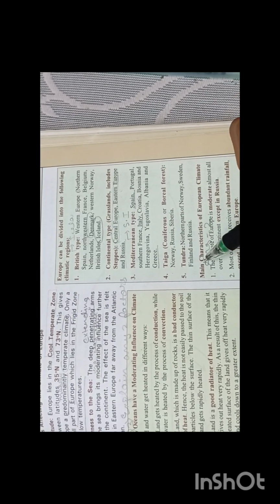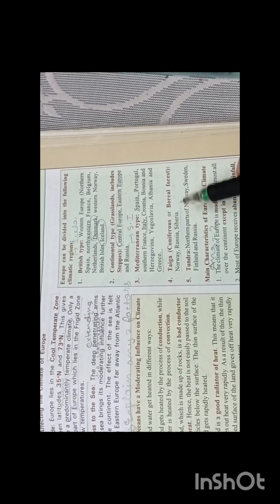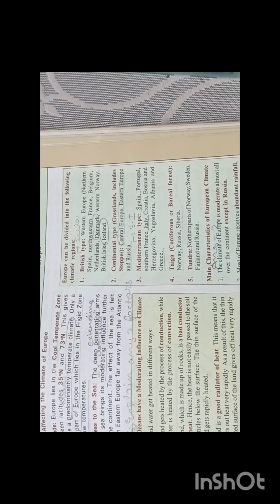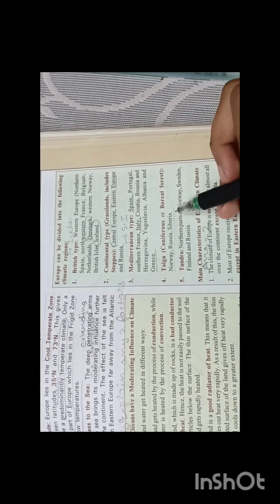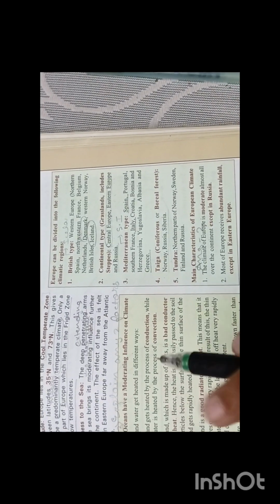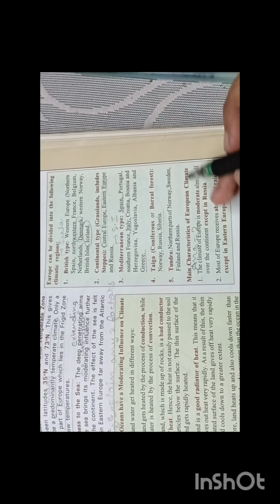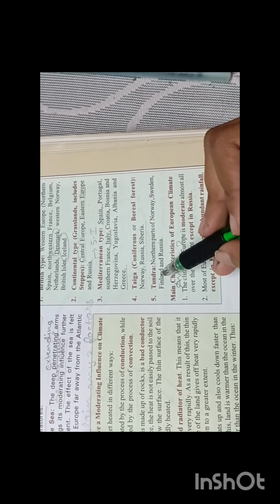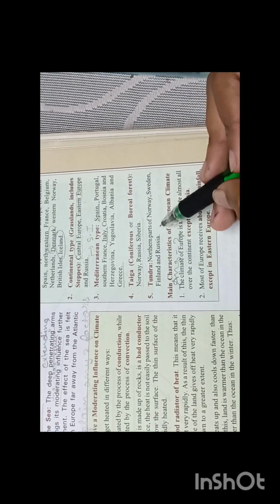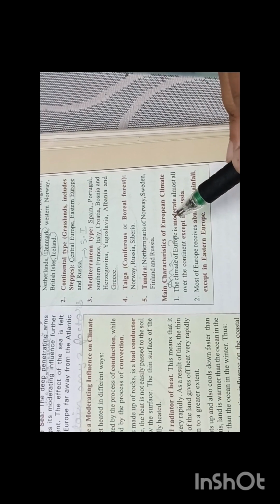That's why it's written in brackets. Here are three. You can remember Russia, Siberia, Norway. Any three. Remember, taiga. Then we have tundra: northern parts of Norway, Sweden, Finland, and Russia.